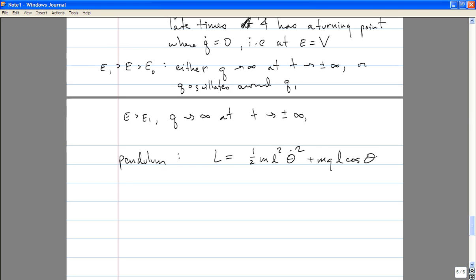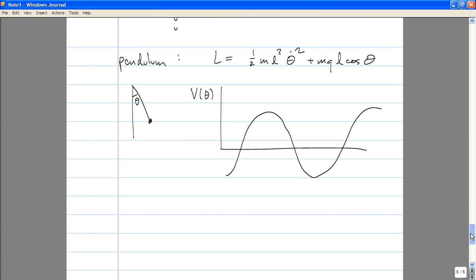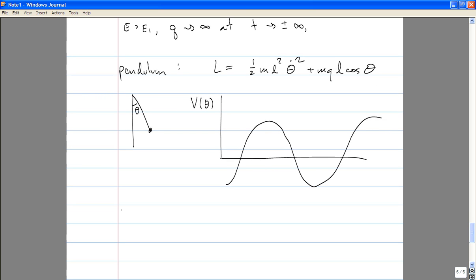Here, theta is the angle that the pendulum makes with vertical. And so the potential as a function of theta is just given by a cosine. As you can see, this has an infinite number of stable minima, where theta is an even multiple of pi.